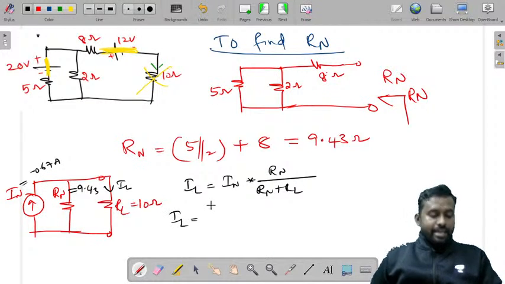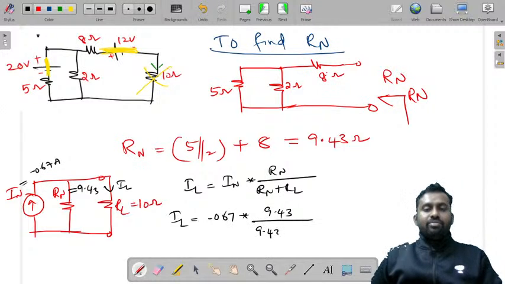So load current IL is equal to IN, minus 0.67 into Rn 9.43 by 9.43 plus RL 10. If you simplify this, you will get IL is equal to 0.33 amperes.